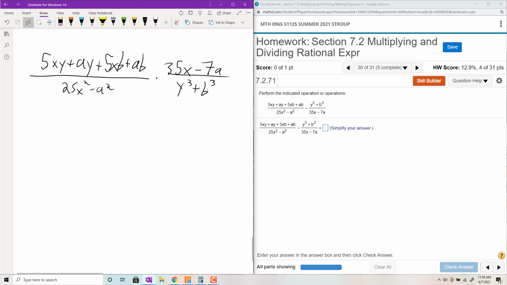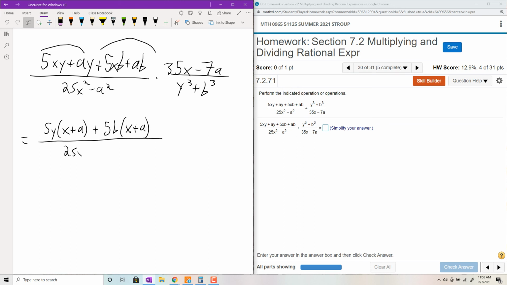Okay, so again I need to do a factor by grouping on these. So from the first two, I can factor out 5y, get x plus a. The second two, I can factor out a 5b, get x plus a. Downstairs, I'll just leave everything else for now.